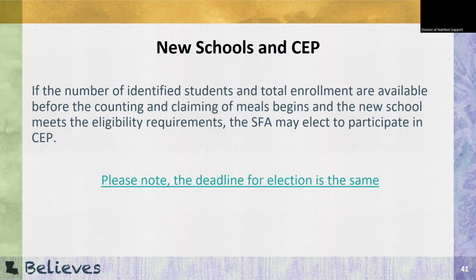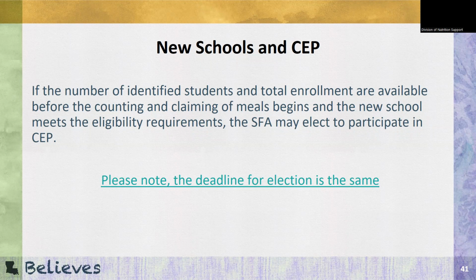New schools and CEP. Newly opened schools and/or schools new to the National School Lunch Program or School Breakfast Program will not have direct certification data from April 1st of the prior year, and instead may use direct certification data from a later month to establish their CEP eligibility.